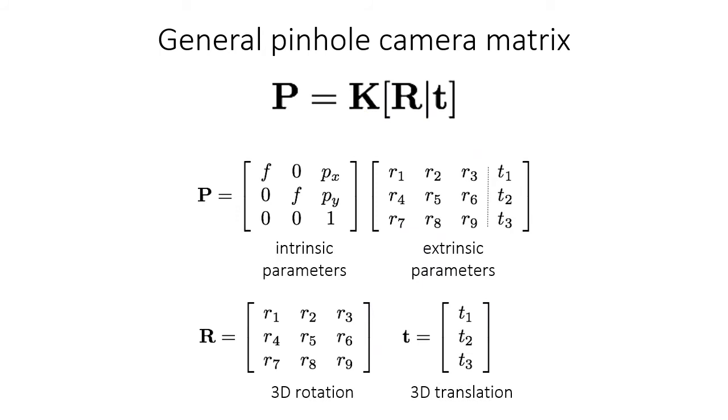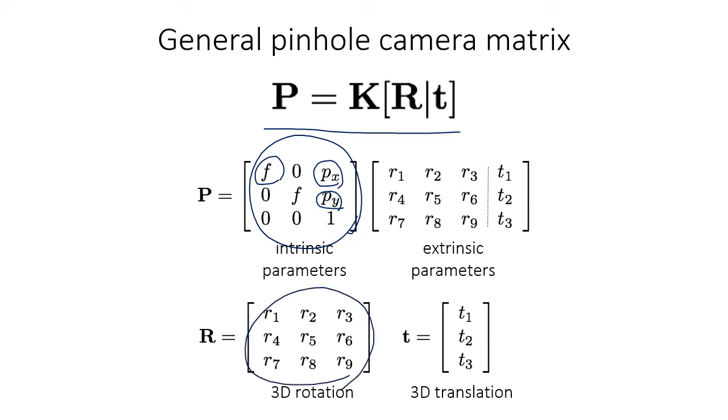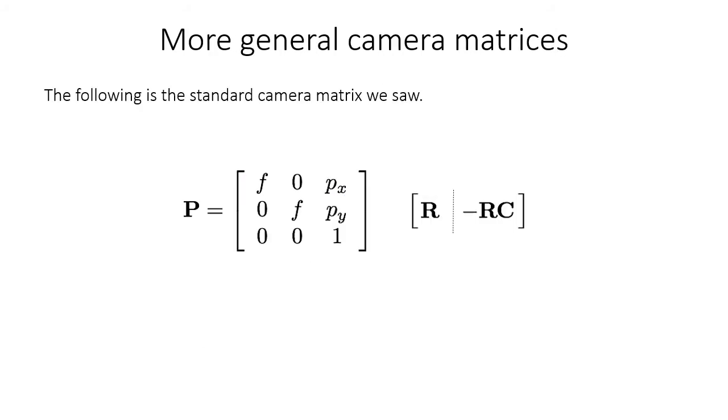General pinhole camera matrix can be written as P equal to KRT, and intrinsic parameter consists of focal length and the transformation of origin, and extrinsic parameter consists of 3D rotation, 3x3 matrix of R, and 3x1 matrix T, 3D translation. The following is the standard camera matrix we saw.